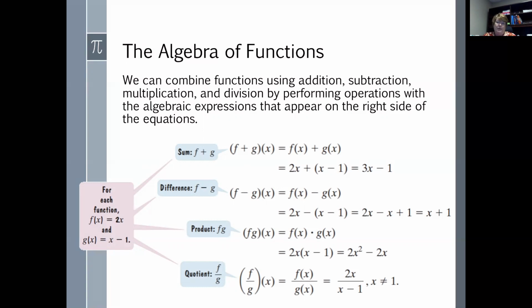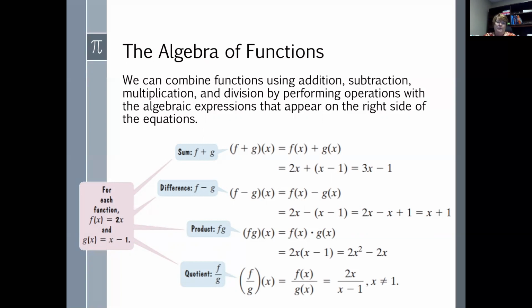So the sum function, f plus g of x, we just add the two functions together. So f plus g of x, the sum function, we add f of x and g of x together. The difference function, f minus g of x, we just subtract the functions. So we subtract g of x from f of x.